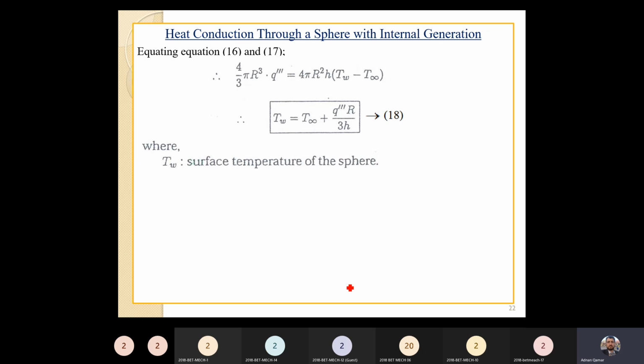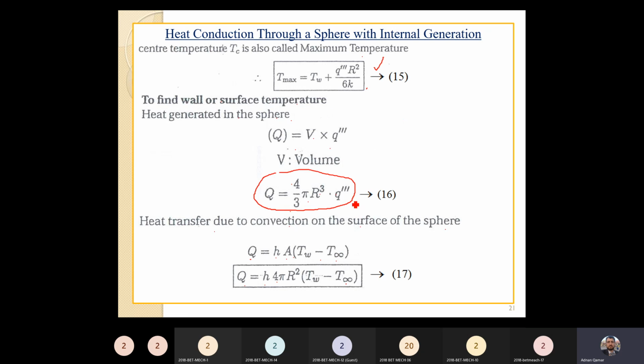So equating equation 16 and 17, because you know that the amount of heat produced within the sphere would be equal to the amount of heat that would be transferred from the surface of the sphere to the environment. So both these heats should be equal.